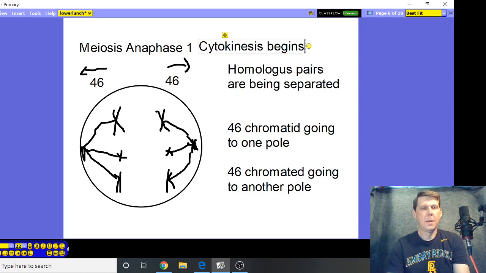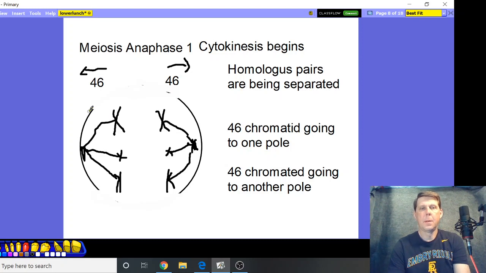Can I erase some of this? That's a good question. I bet you I can. Oh yeah, we'll put some whiteout on it, because we have to get cytokinesis beginning. Sorry if you're erasing at home.